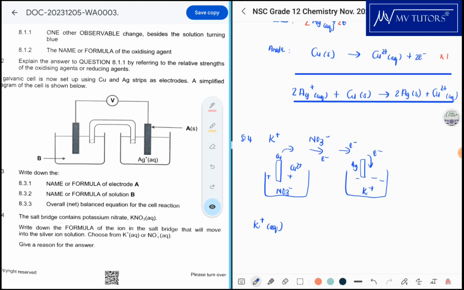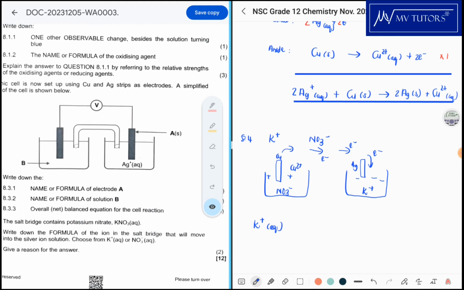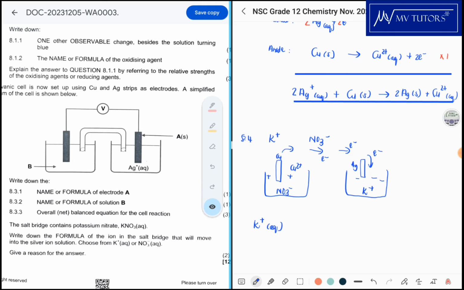And then on the other end, the electrons are moving into your cathode beaker. So it will become more negatively charged, and as a result, the potassium will be more attracted to the negatively charged ions in there. And yeah, that's it. And I think we are done with question 8.